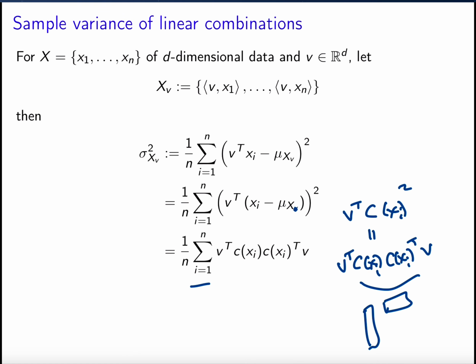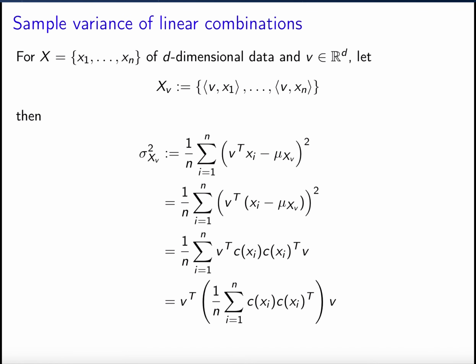So this is the same as what we were doing for the actual covariance matrix. We ended up with an expected value of the outer product. Here we end up with the average of the outer products, and plugging that in, this average of the outer products gives you the sample variance of any linear combination of the data.